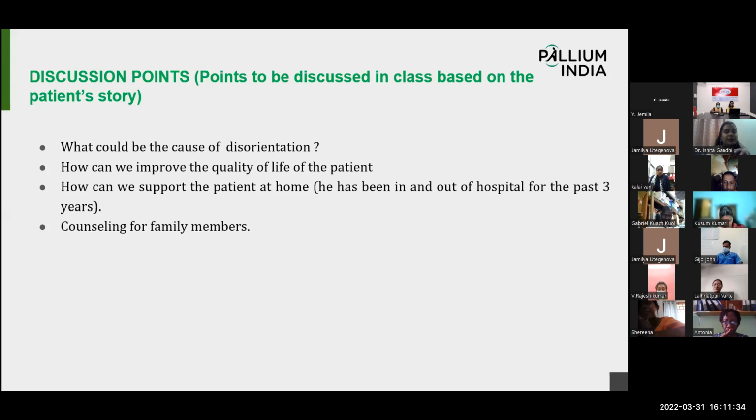Take that patient to the bathroom, bathe the patient properly, bring the patient back. Small steps. Give the patient a glass with a straw so that the patient can drink water or take fluids if the patient is not able to hold the glass up to his mouth. Small things that we can do.